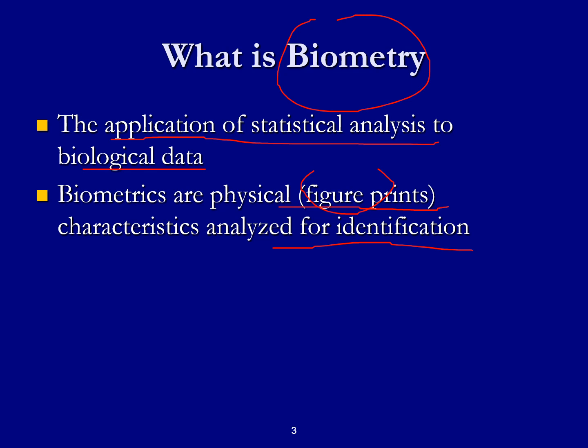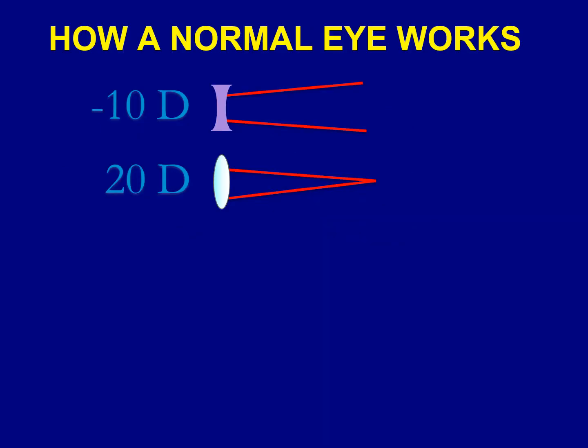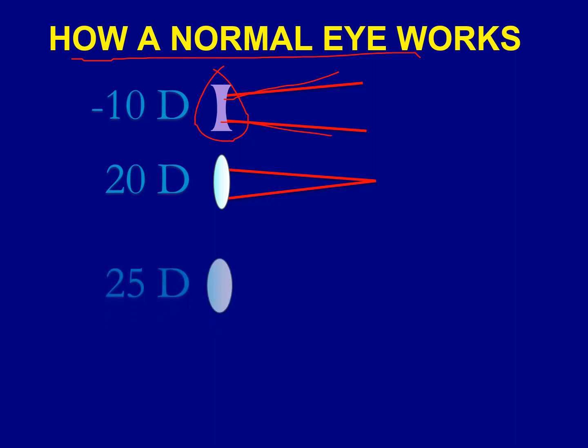Now let's see what biometry is in the eye. You need this basic knowledge of how the normal eye works. This is a concave lens or a minus lens, which diverges the light, and this is a plus lens, which converges the light.